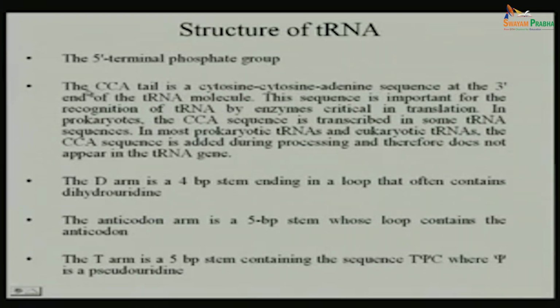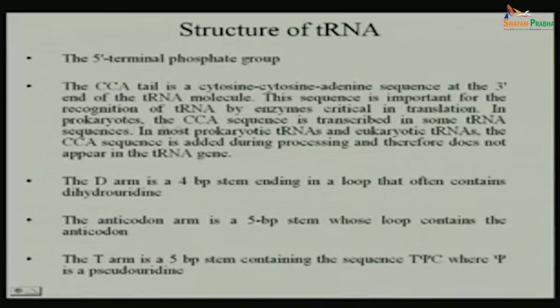This particular tRNA has a CCA tail, that is cytosine, cytosine, adenine sequence at the 3' end of the tRNA molecule. This sequence is important for the recognition of tRNA by enzymes critical in translation.